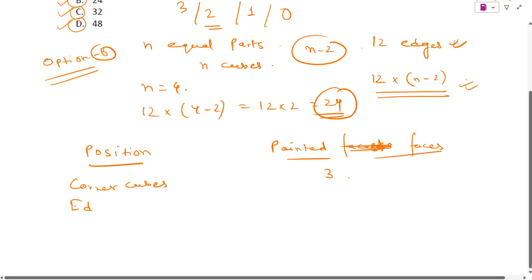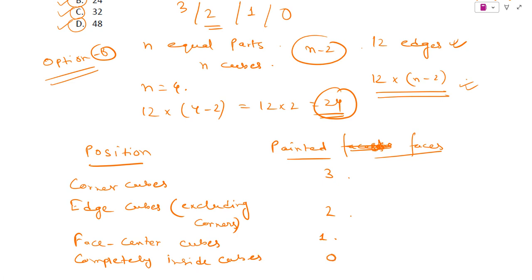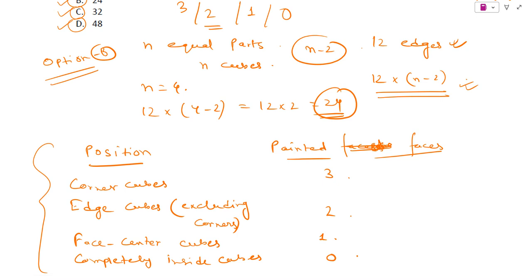For the edge cubes, excluding the corners, this is 2. For the face center cubes, this is 1. And for the completely inside cubes, this is 0. And this table can solve almost every cube painting question asked in competitive examinations.